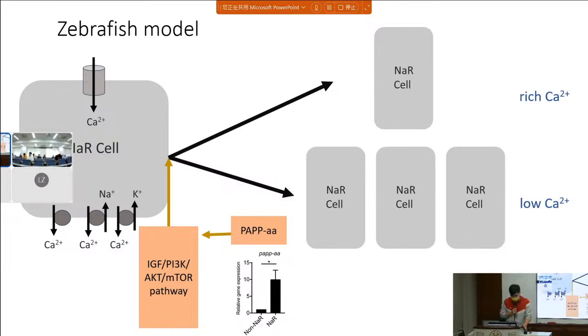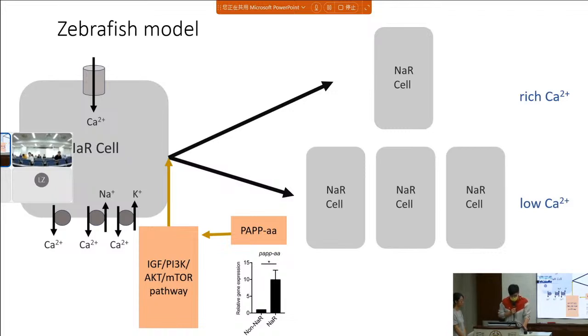But when the calcium ions are reduced, the cells quickly enter the cell cycle and proliferation. In the zebrafish, the transition of NaR cells from the quiescent to the proliferation is mediated by the IGF signaling pathway.